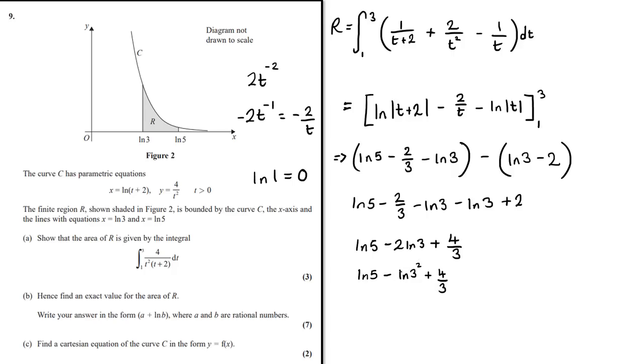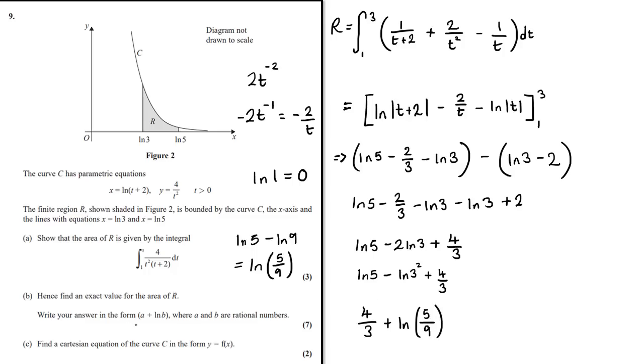Okay, remember ln 3 squared is ln 9. So what I've got here is ln 5 minus ln 9, which we can write as a natural logarithm of 5 over 9. Okay, so in that case, I get 4 over 3. Remember, it's a first, so it's going to be 4 over 3 plus the natural logarithm of 5 over 9.